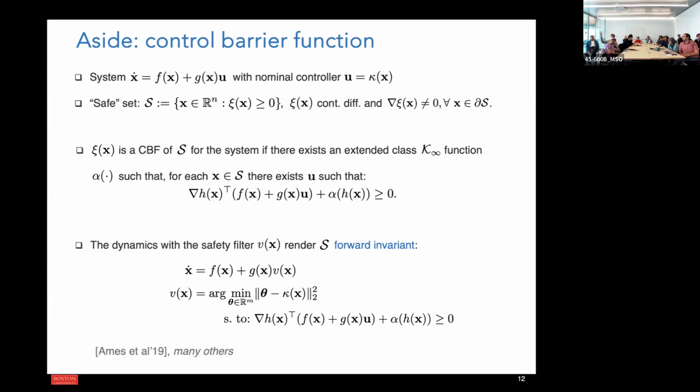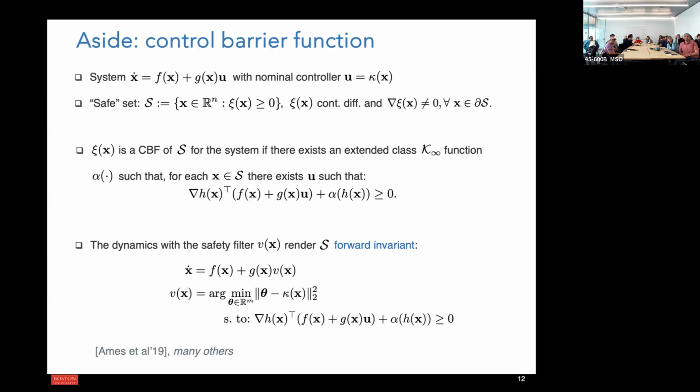Correct. Sorry, when you said you can steer to the safe set, does that mean that you have some controllability assumption? Correct. That's another assumption. So you could have a cost function implicitly, because you might be asking for some performance. Yes. In which case, in addition to the stability safety filter, there could be a performance safety filter as well.